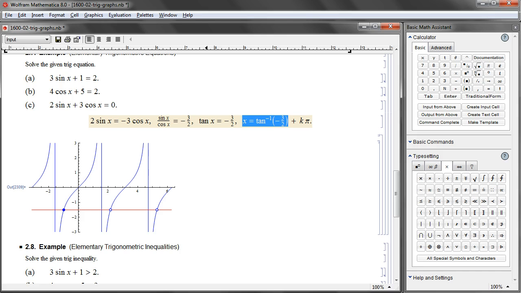The tangent function has period pi, so one solution from arctangent is solid blue here. Then we add k pi, so we have all the periods. Adding pi, we have another solution to the left, and adding another pi, another solution further to the right.